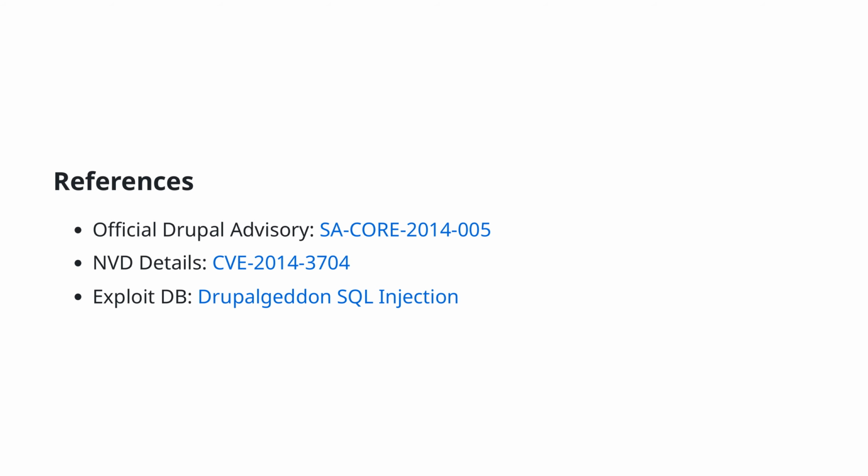Lastly, the exploit database entry, known as Drupageddon, documents instances of SQL injection attacks, providing practical insights into how these vulnerabilities have been exploited in the wild. These resources will be invaluable as you seek to understand the risks and protective measures associated with Drupal security.